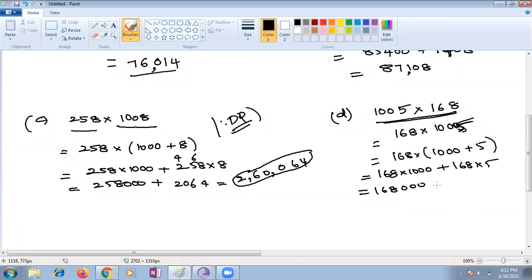Because with tens, hundreds, thousands, multiplication is easy here. 168 into 5 is 840. Combine these two and tell the answer. Jaydeep, is it correct? Ma'am, it is correct. Right.